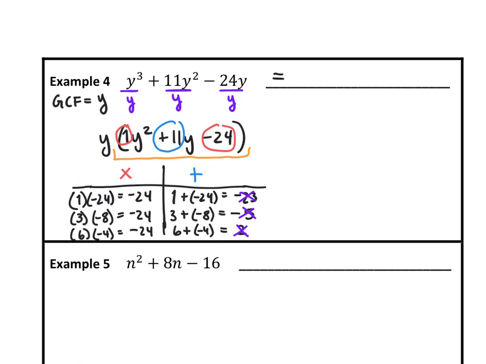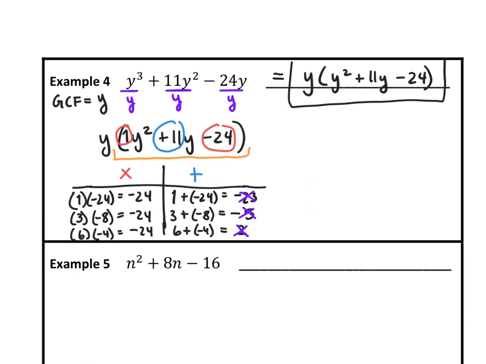So my final answer is what I got after I divided by y. So after I divided by y and I factored that y, then I couldn't do anything else with the parentheses. So that means that's my answer.